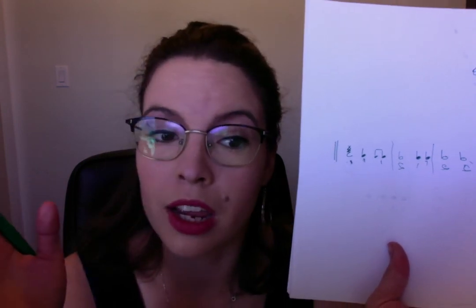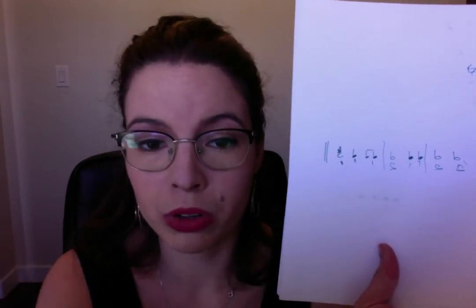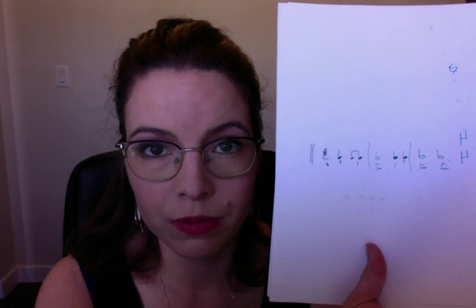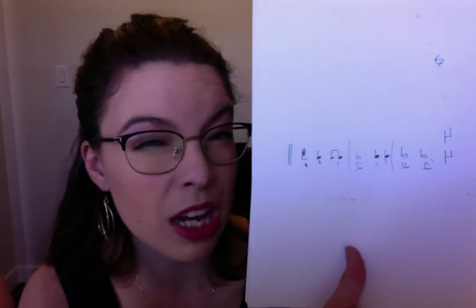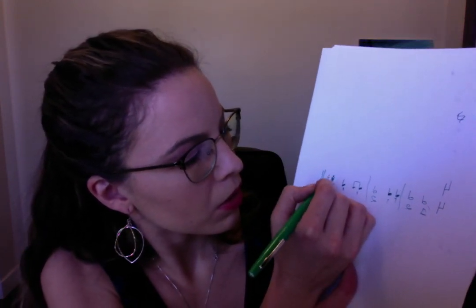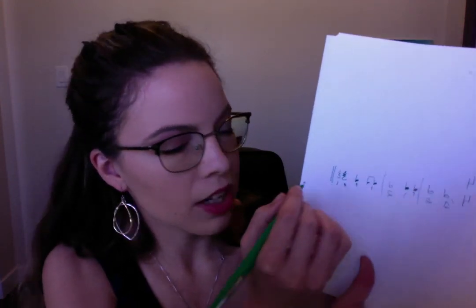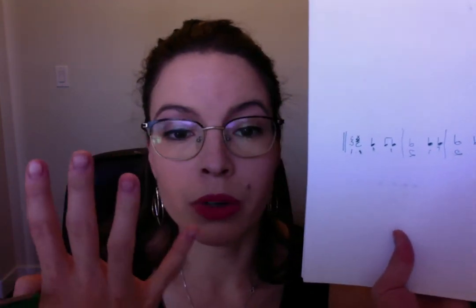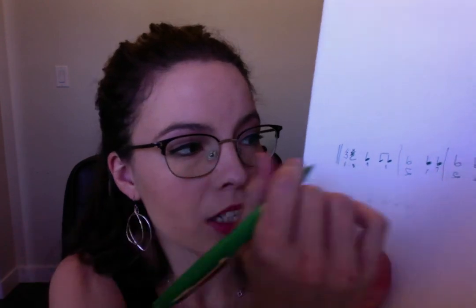So I could put a quarter note or a quarter rest. What would you like me to use? I think I'm going to use a rest, all right? And that equals 1. Now I have 1 plus 1 plus 1 plus 1 equals 4, and it's done.